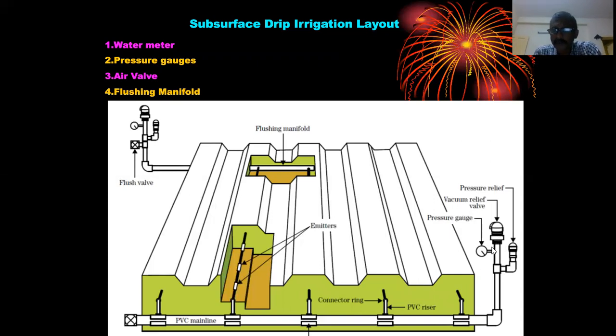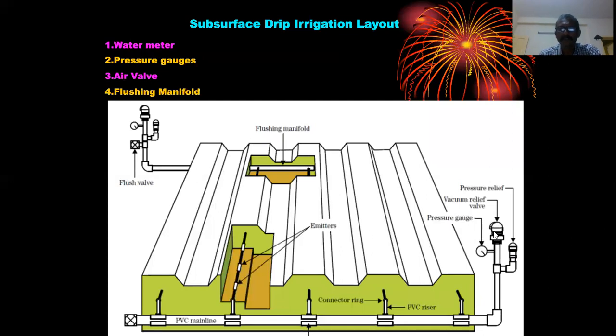So why is the pressure relief valve placed? It is obvious, because since it is underground, there may be possibilities of total clogging. In case of total clogging, if pressure increases beyond a limit, there may be a bigger breakage. So in order to avoid the breakage, pressure relief valves are provided.